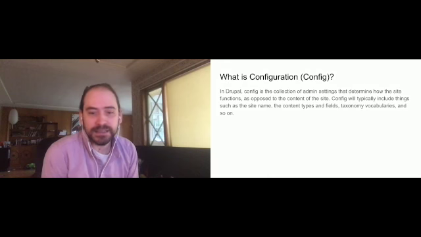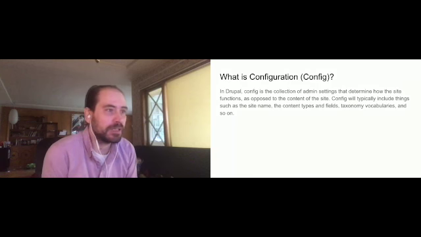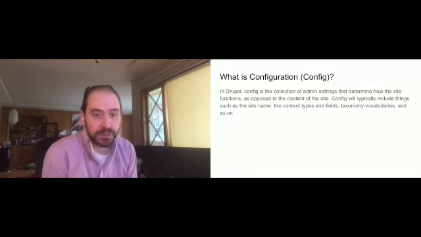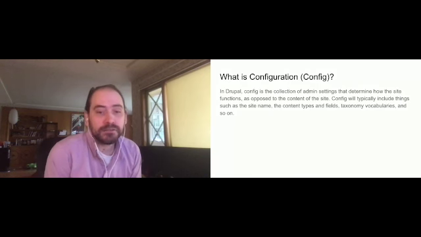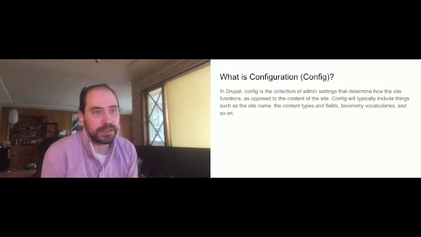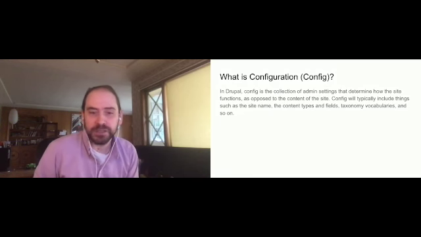Content is the actual written words of the website on the page. Configuration can also store strings or paragraphs of text, but in general, configuration controls what the site does and how it works, and content is the information that the website is presenting.